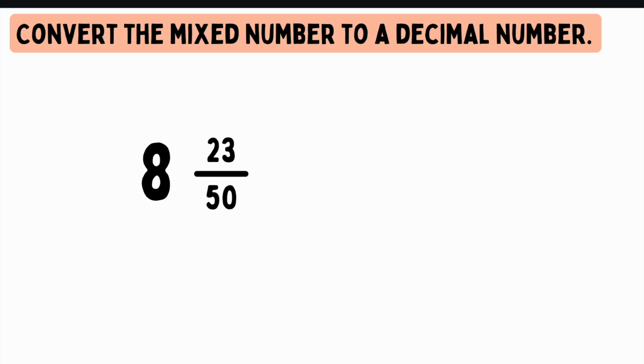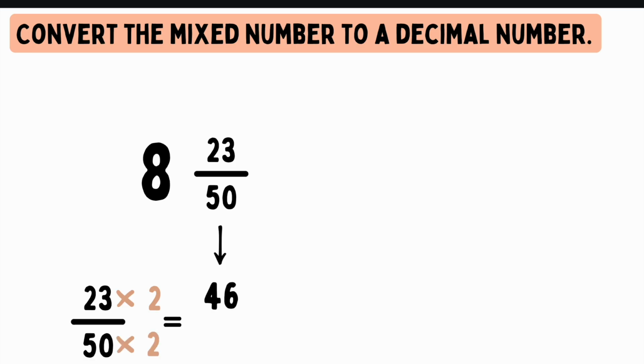8 and 23/50ths. Let's start by converting 23/50ths into hundredths. We can do that by multiplying the numerator by 2 and the denominator by 2. 23 times 2 equals 46, and 50 times 2 is 100. That's much easier to work with. 23/50ths is equivalent to 46 hundredths.